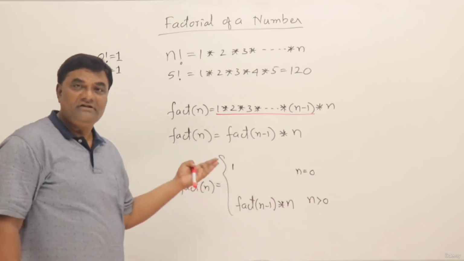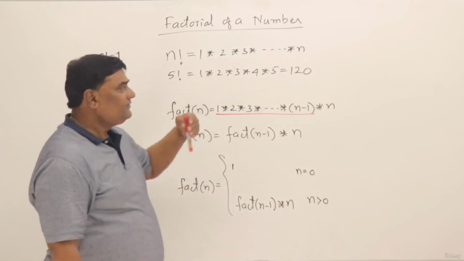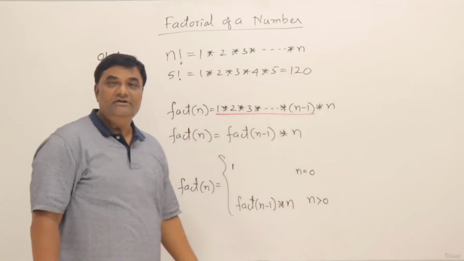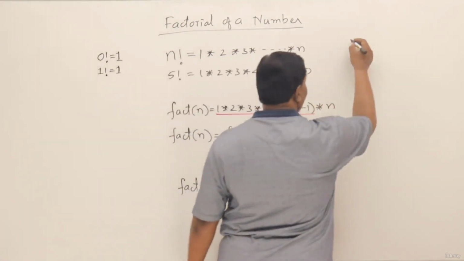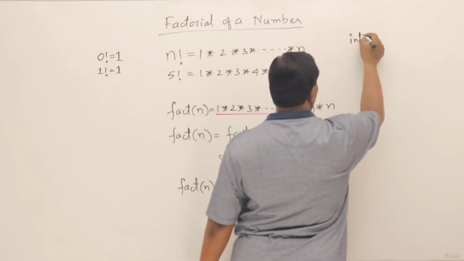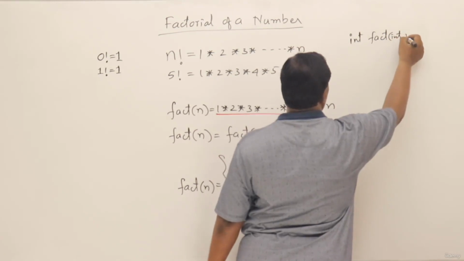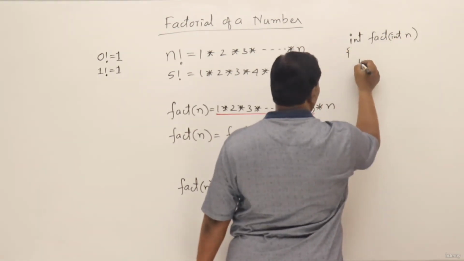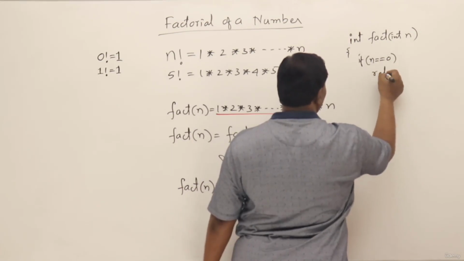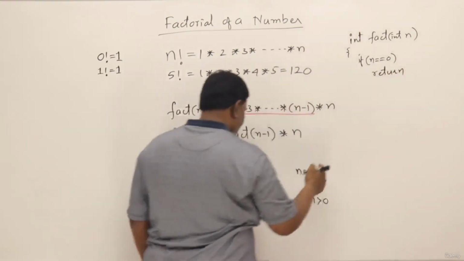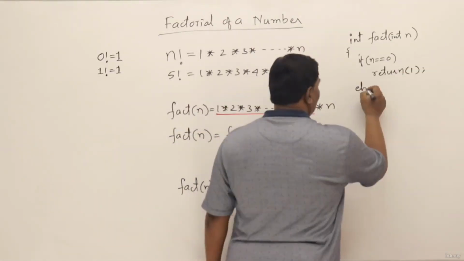And once you have a recursive relation or mathematical formula, then directly you can convert that recursive formula into a C++ function. So let me write down a function for this one. Integer factorial of n. If n is equal to 0, return 1.